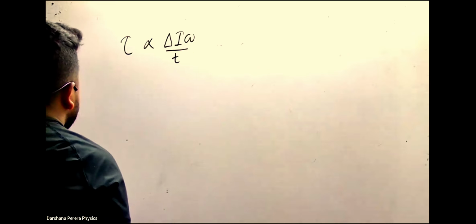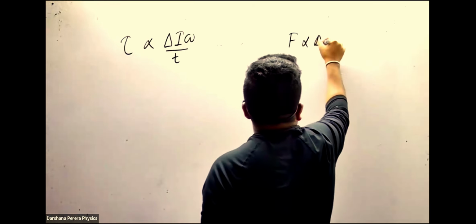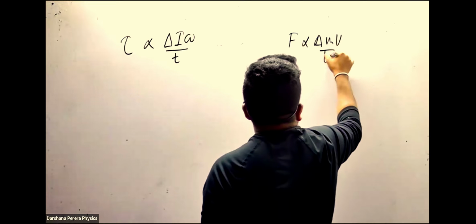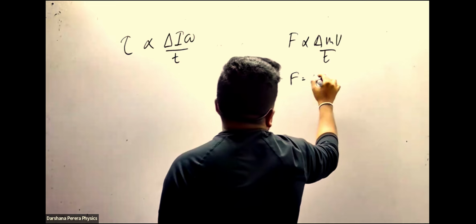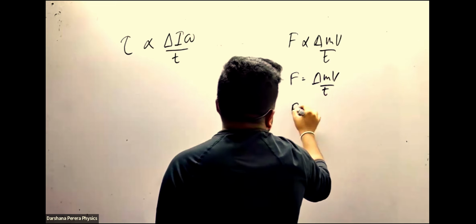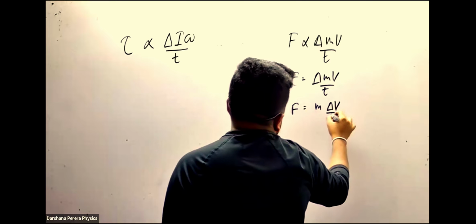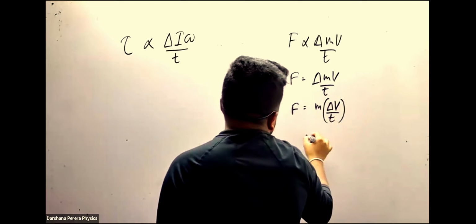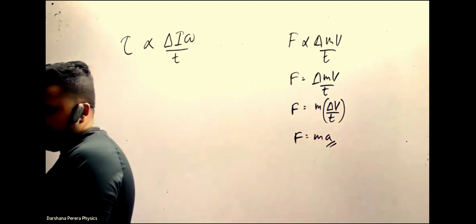In Newton's second law, F equals delta mv over t. In linear motion, we take m as constant because the mass of the object is constant, so delta v over t gives F equals ma.